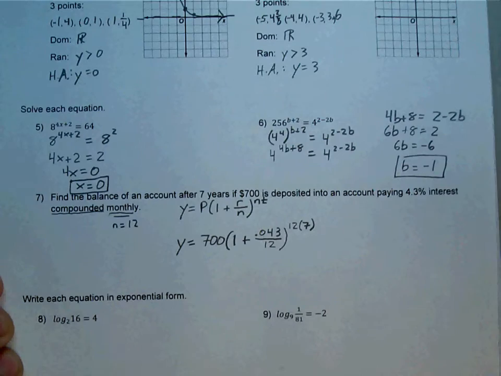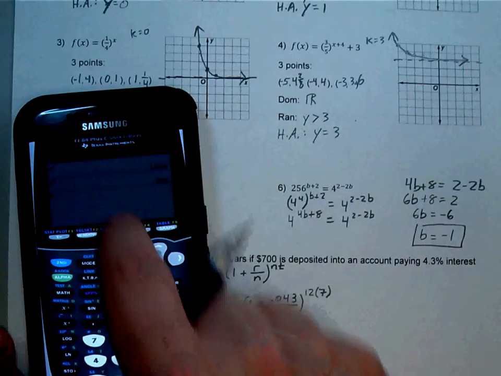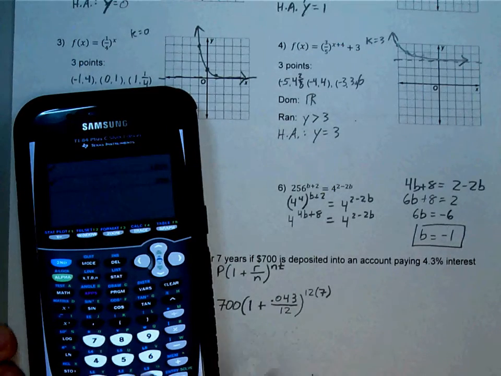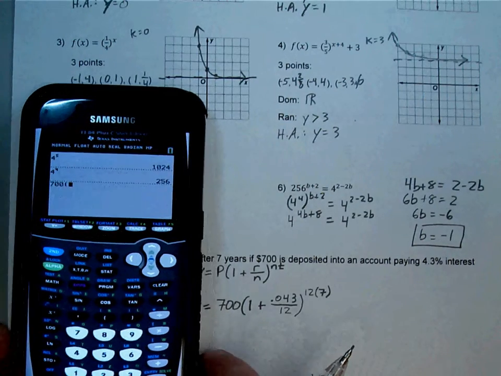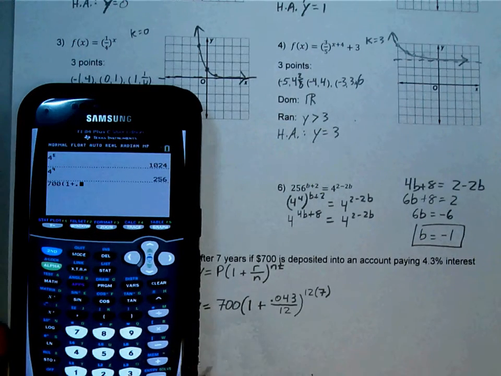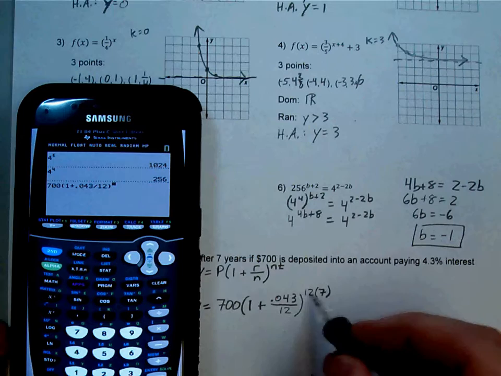So now if I type this in, I'll see what my balance is. So, pull out the graphing calculator. So I'm going to have 700 times, let's see, 1 plus 0.043 divided by 12. Close the parentheses, raised to the exponent of 12 times 7.